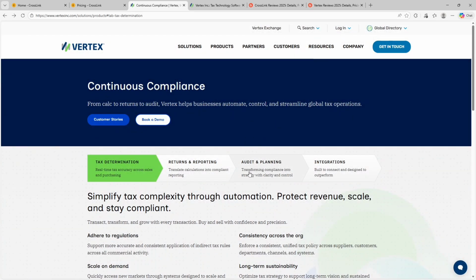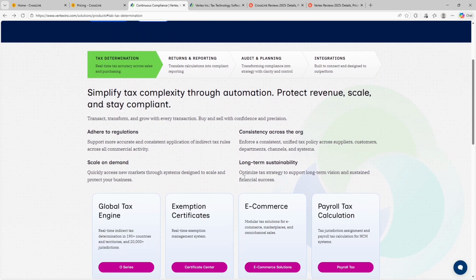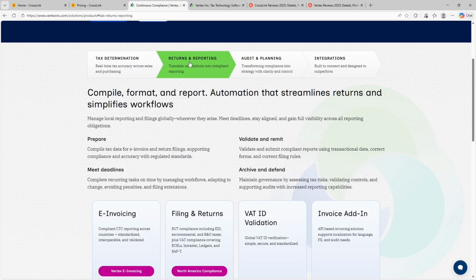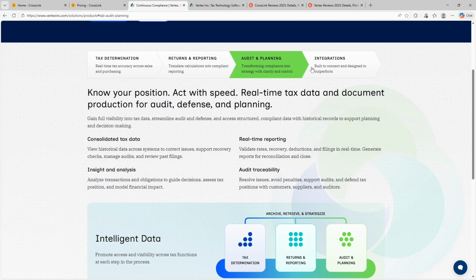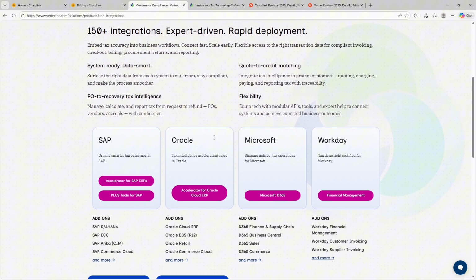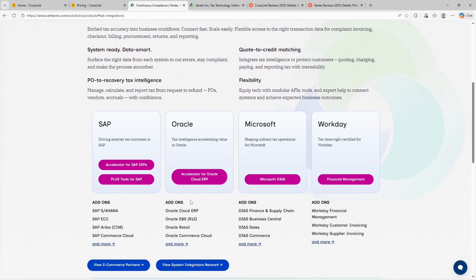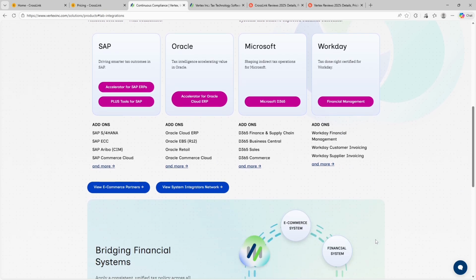This usually places Vertex firmly in the enterprise category, where costs can rise quickly as sales volume grows, especially for multi-state or global operations. In short, CrossLink feels like a purchase you can plan for, while Vertex feels like a long-term infrastructure investment that grows with complexity.